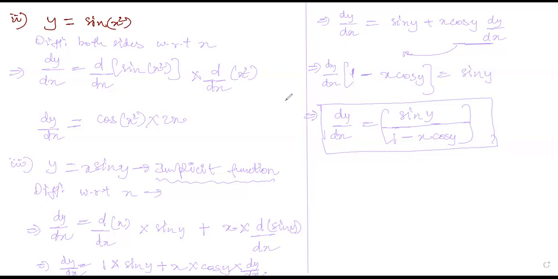We will not be needing sec inverse x and cosec inverse x. Most of the times it will only be sine inverse, cos inverse, and tan inverse. You will not even be needing cot inverse, but still we will be writing down all the 6 formulae. But first, let me prove any 2-3 of them.